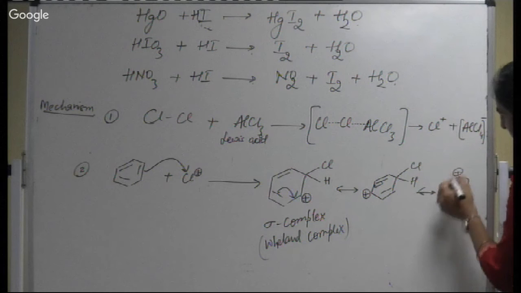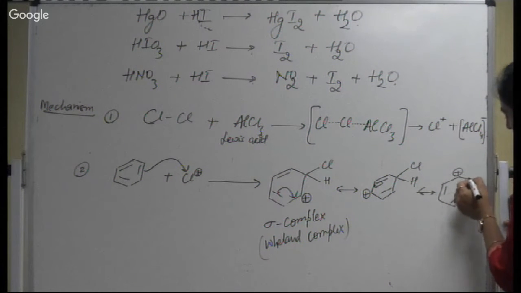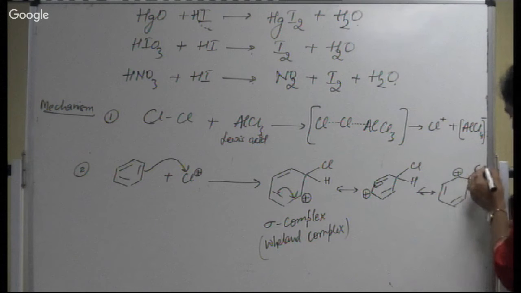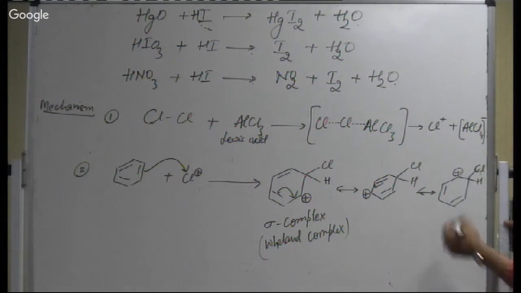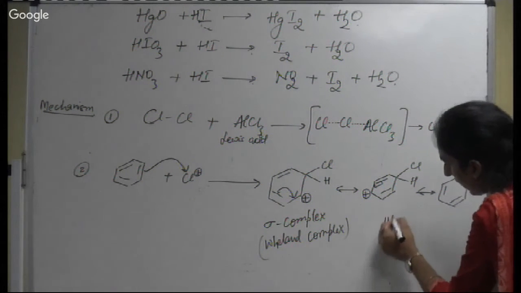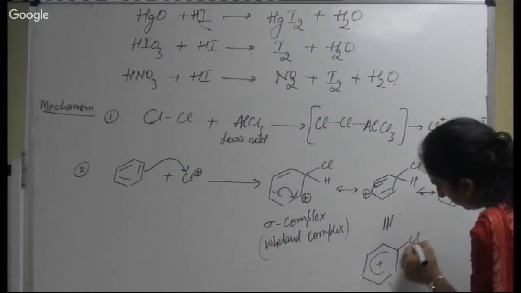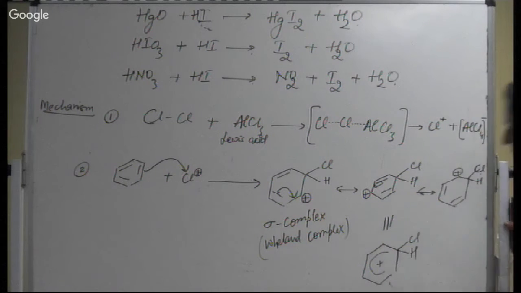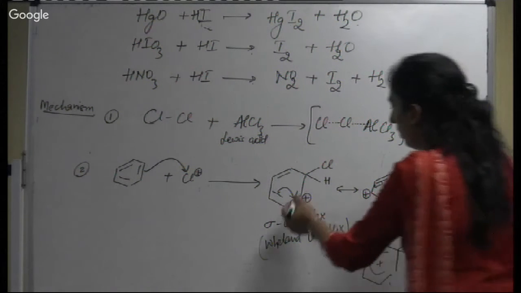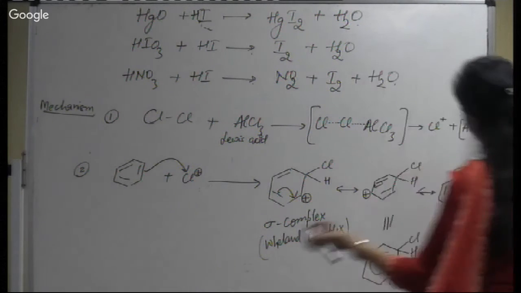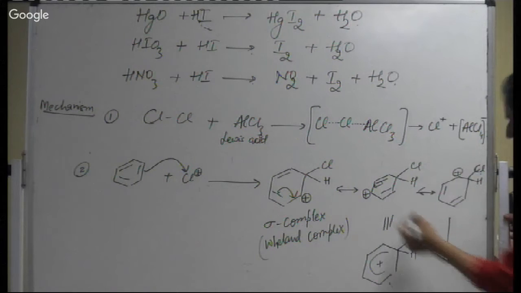So there are different resonating structures which are possible. In a nutshell, you can always write this is equivalent to this one. Now we know that you can start with either of the structures.